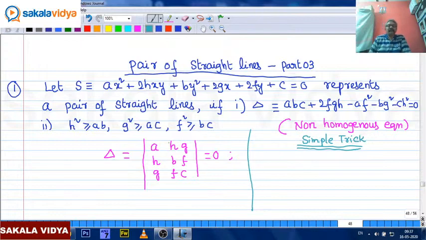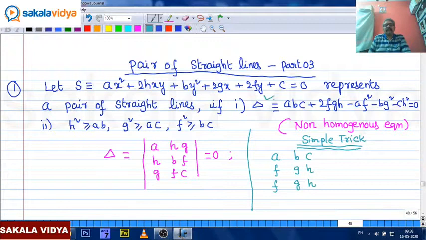In ax square plus 2hxy plus by square plus 2gx plus 2fy plus c equal to 0, check the alphabets. We have a, b, c. After that we have f, g, h; again write f, g, h; again write f, g, h.